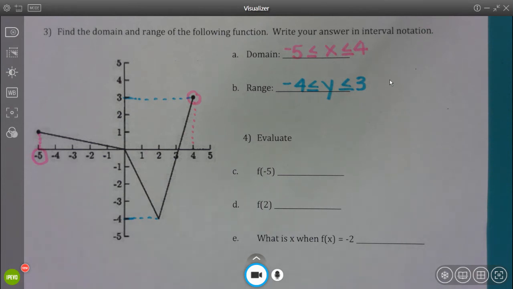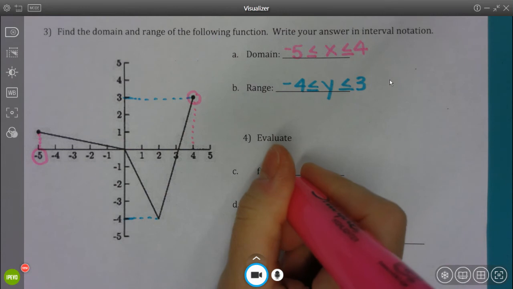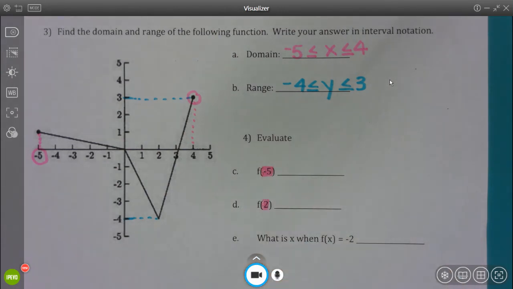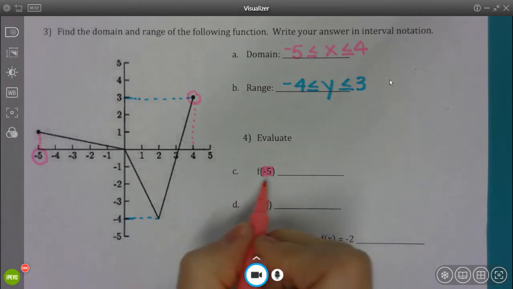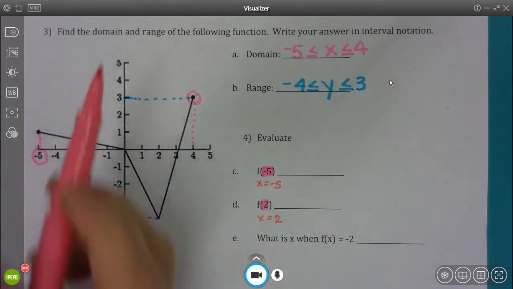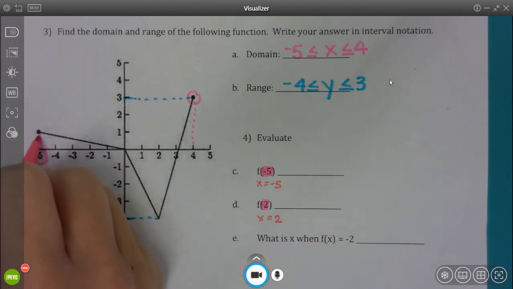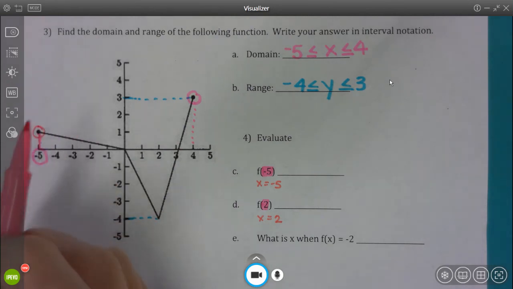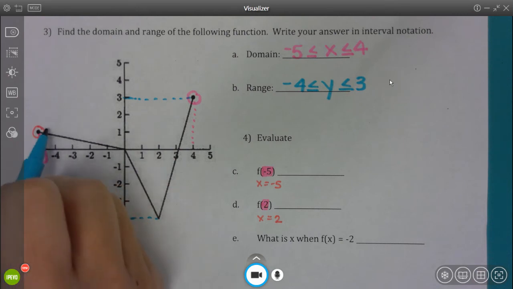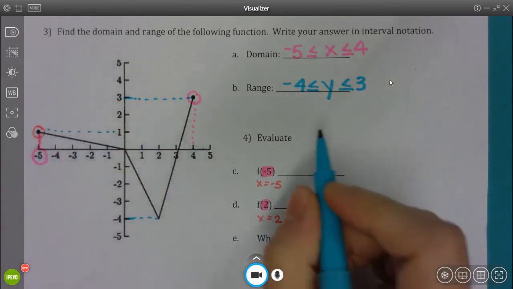Now going back to evaluating, I have -5 and 2 as x values that we need to look at. So here I have x equals -5 and I have x equals 2. So at -5, I'm at this point right here. For an output value, that brings me to 1.